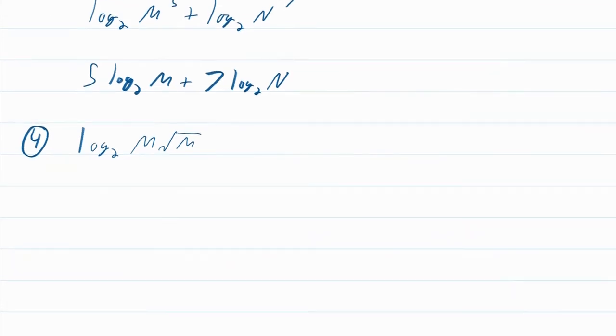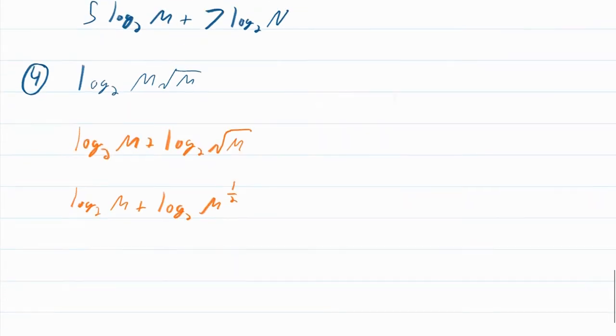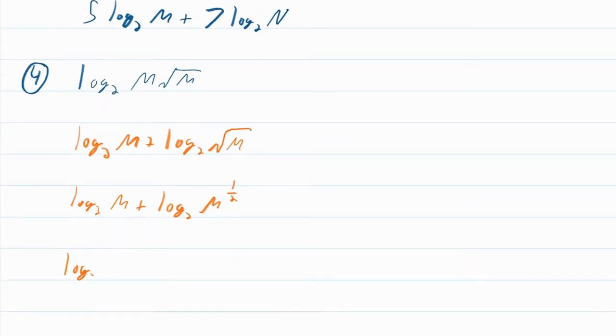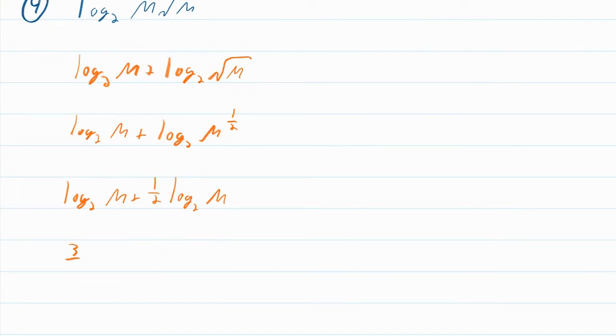One of them is breaking this up even more into the log base 2 of m plus the log base 2 of root m, which is the log base 2 of m plus the log base 2 of m to the 1/2, or the log base 2 of m plus 1/2 times the log base 2 of m. And 1 plus 1/2 is 3/2. So this would be 3/2 log base 2 of m.